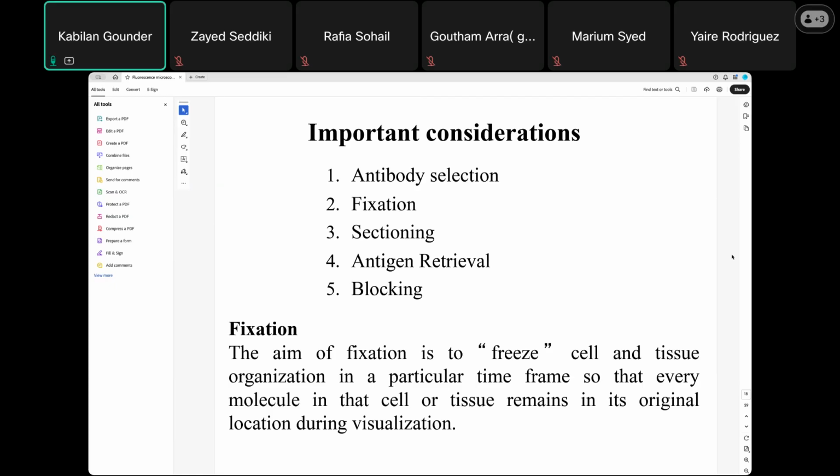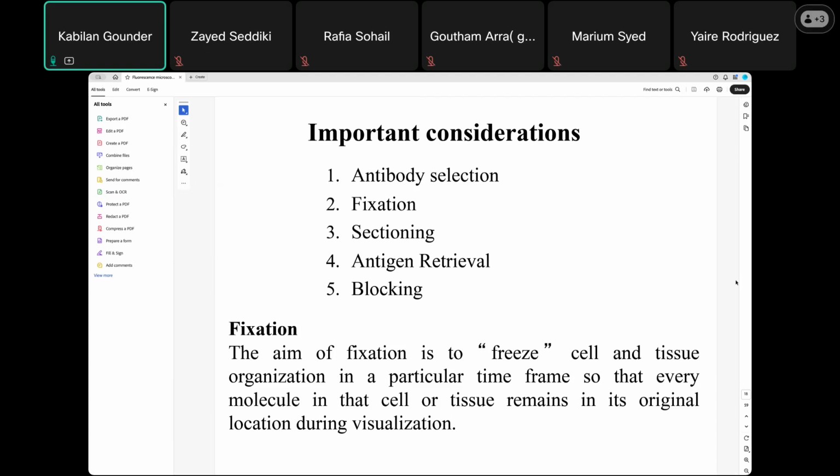So the first steps, as we know, are fixation, dehydration, infiltration, embedding, sectioning, and also staining. We already discussed that for the bright field light microscope. Similarly, fixation is defined as freezing the cell and tissue at a particular time frame, so that all the molecules in that cell or tissue remain in their original location during visualization.